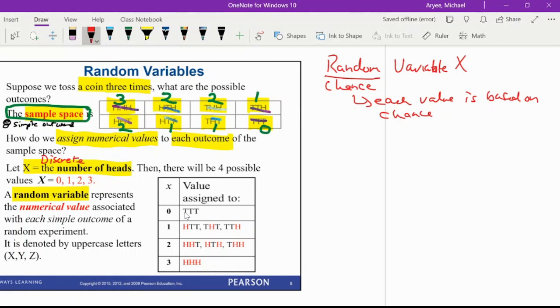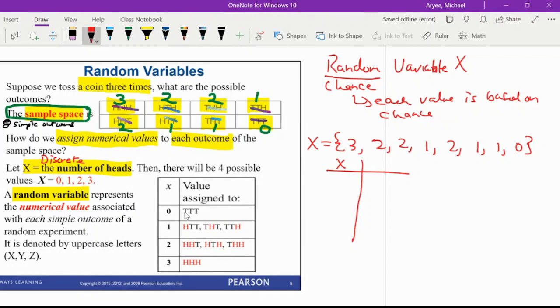Now, after I have gotten those numbers, I can decide to count how many of each. In our case, X becomes 3, 2, 2, 1, 2, 1, 1, and then 0. I can organize this into a table.